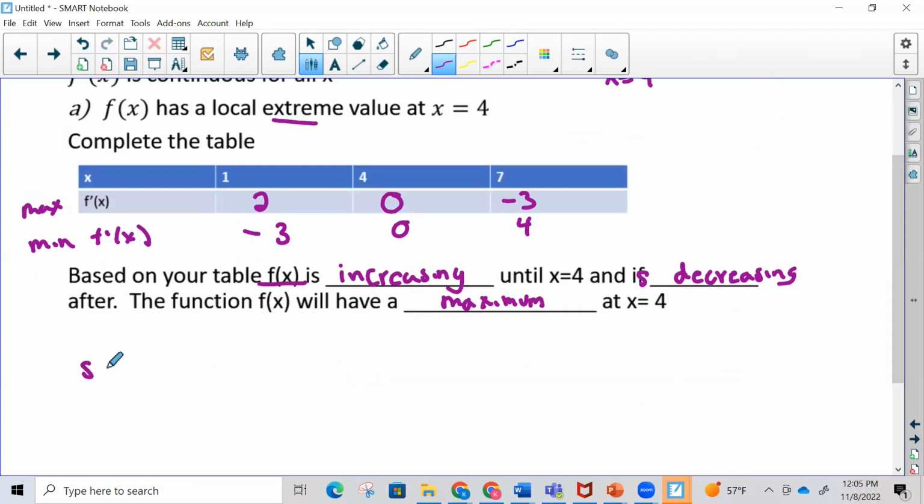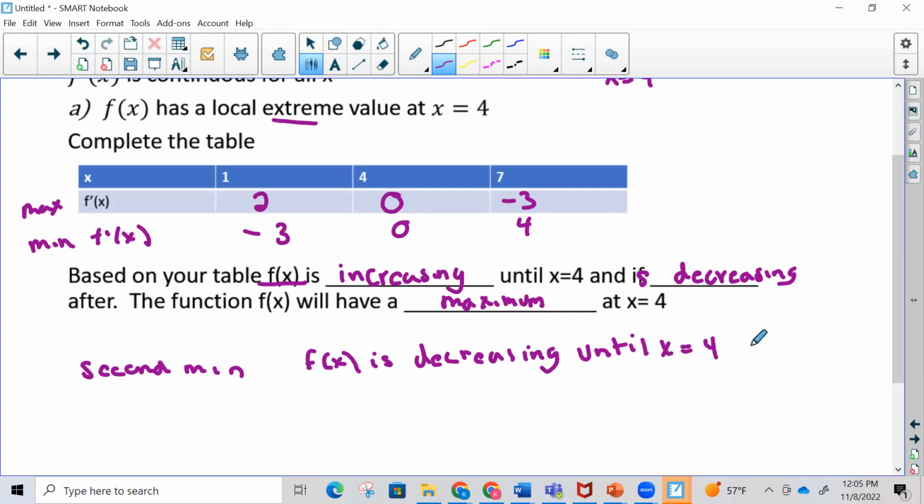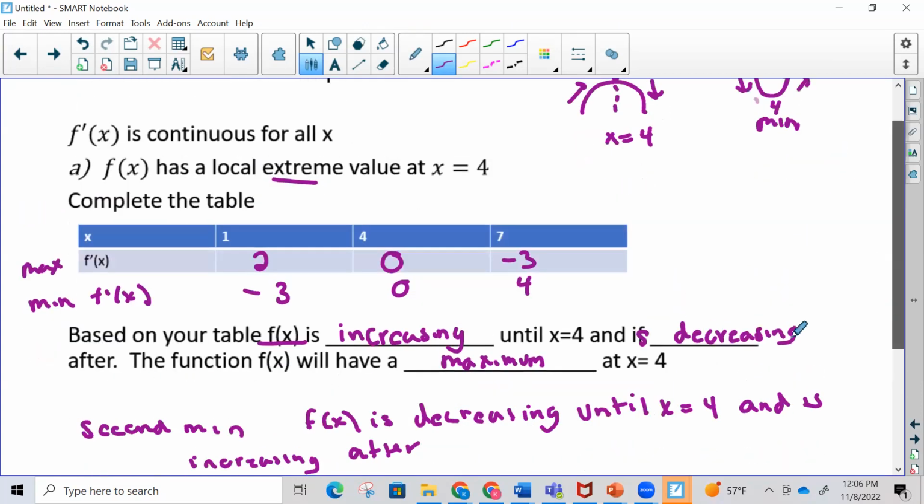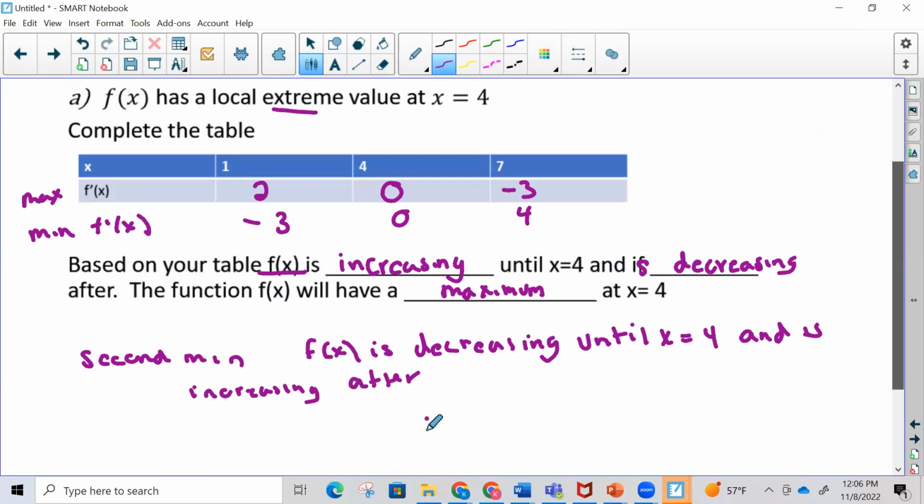If instead that second case, if I said it was a min, then it would just be f of x is decreasing until x equals 4 and is increasing after. Because again, we're doing this case of a min, and therefore we have a minimum.